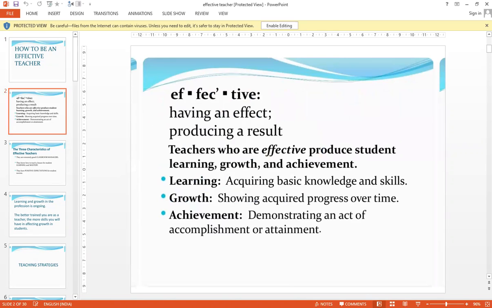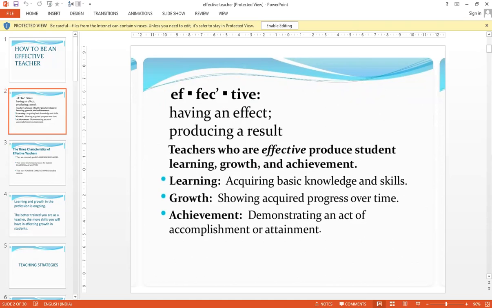So, effective means having an effect or producing a result. Effective means producing a result for the students. Teachers who are effective produce students' learning, growth, and achievements.